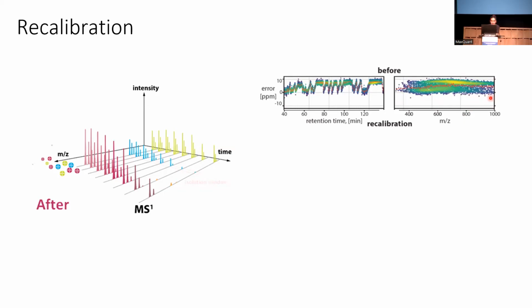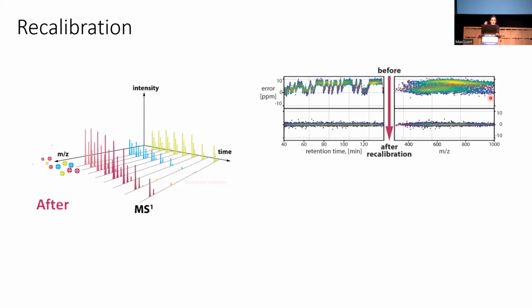So what we are going to do is fit a nonlinear model on that. I don't have a plot of that as far as I can tell. So you're going to do a piecewise linear regression, and you're going to fit the line simultaneously in both retention time and m over z.